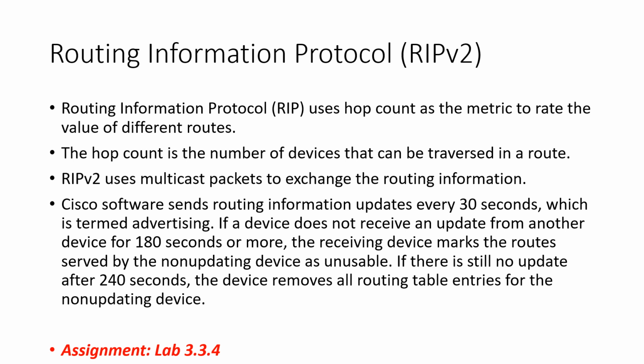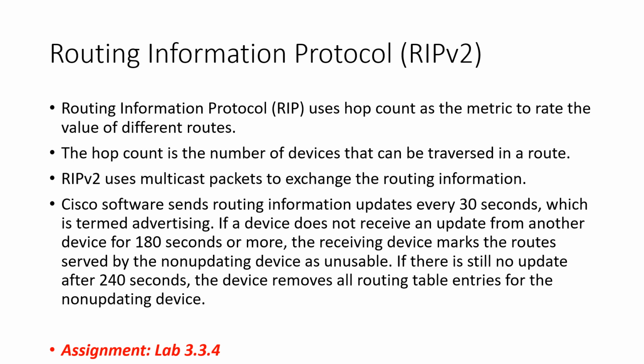Okay, Routing Information Protocol uses hop count as the metric to rate the value of different routes. The hop count is the number of devices that can be traversed in a route. RIPv2 uses multicast packets to exchange the routing information. Cisco software sends routing information updates every 30 seconds, which is termed advertising.